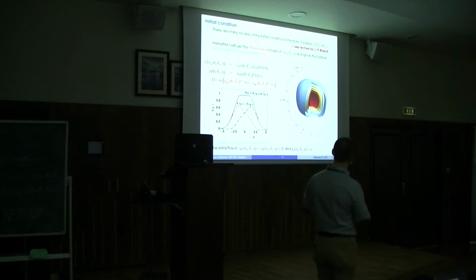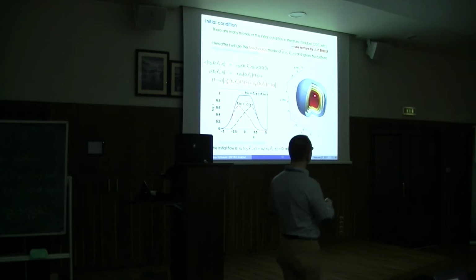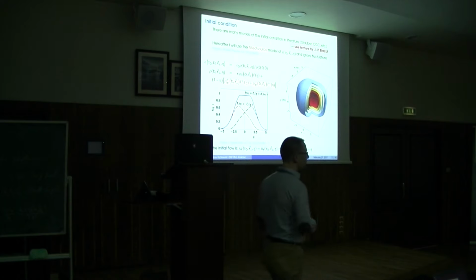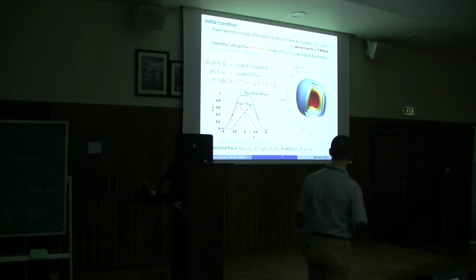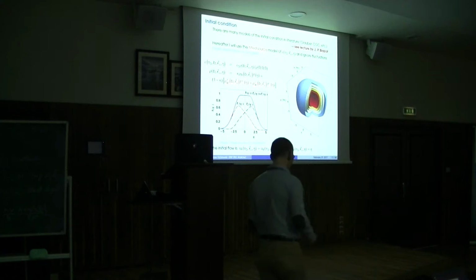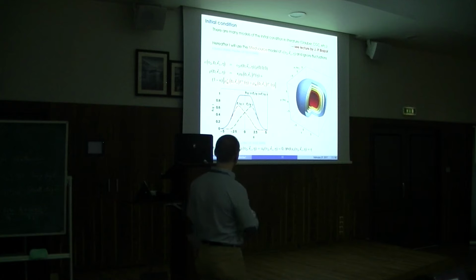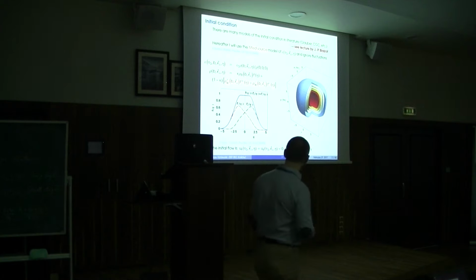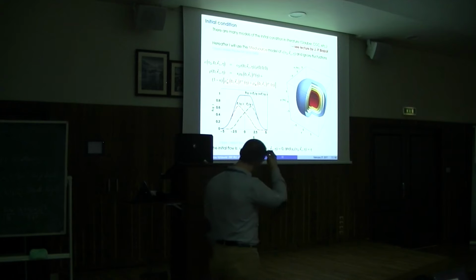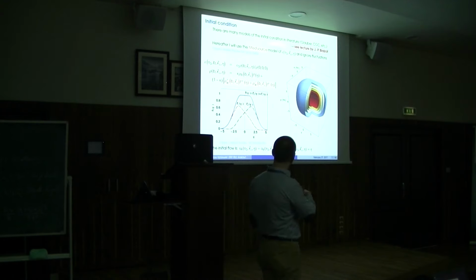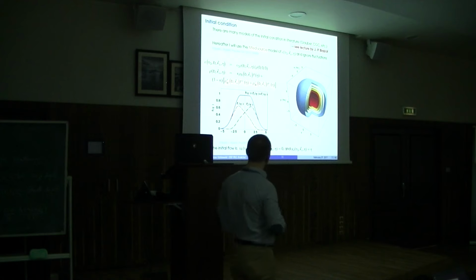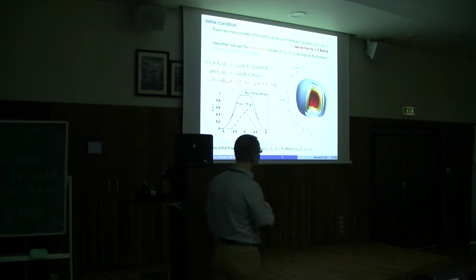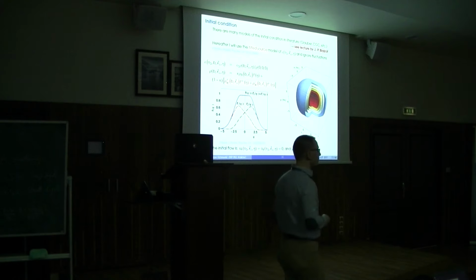The colors denote the temperature, going from higher in the center to lower towards the surface. So what I was talking about here is the profile of the energy density of your fireball.